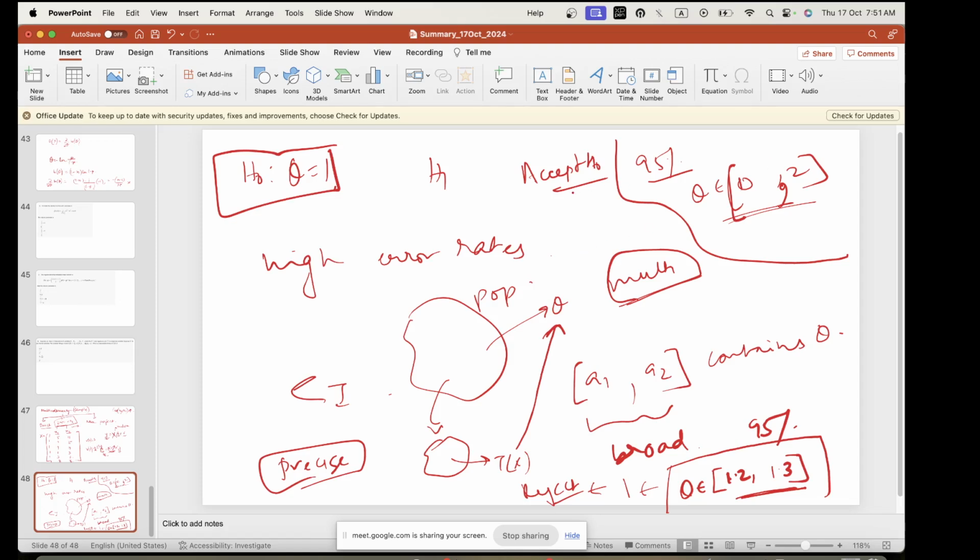We are wrongly accepting something which is not true. Okay, so these are the problems that could arise if we have multicollinearity in the data set. So that is why it is important that we take necessary steps to remove multicollinearity from the data.